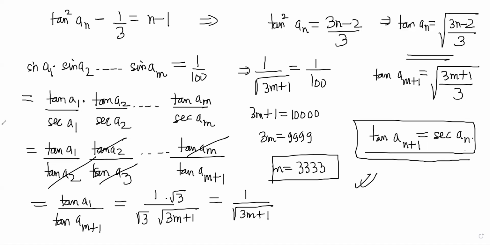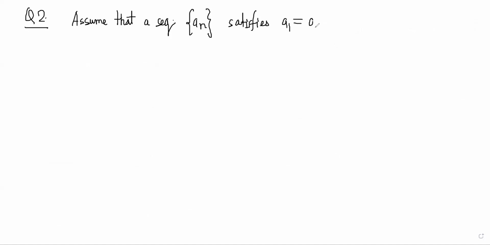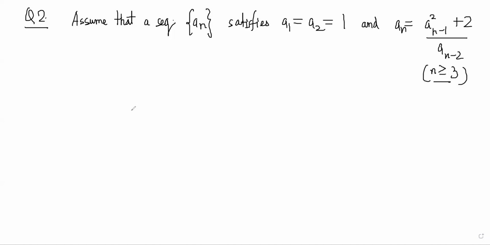This one is stated as follows. Assume that a sequence a_n satisfies a_1 is equal to a_2 is equal to 1, and a_n is equal to (a_{n-1}² plus 2) by a_{n-2}, and this is true for n greater than or equal to 3.